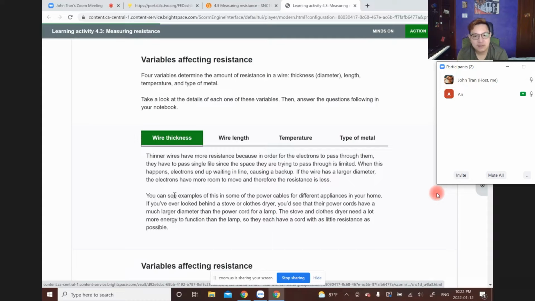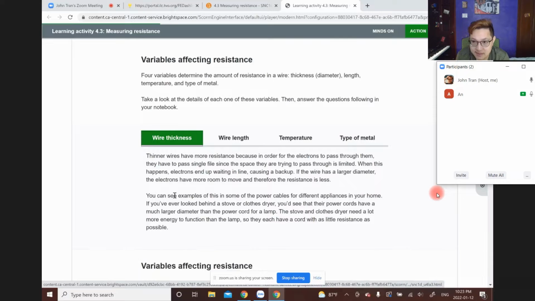Basically, clothes dryers and stoves heat up a lot, right? And that heat is provided by the large resistance they have. So basically, by the definition, if a material has more resistance, more energy is needed to push the electrons through it, right?